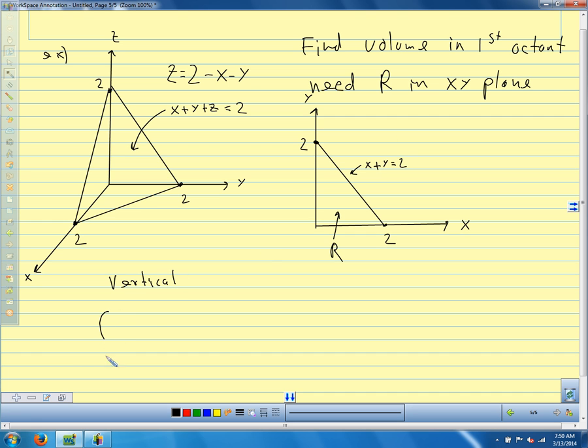So for our vertical rectangles, x is going to vary from 0 to 2, and y is going to vary from 0 to 2 minus x. And then my function is 2 minus x minus y dy dx. Is that one going to be easy or hard to evaluate?